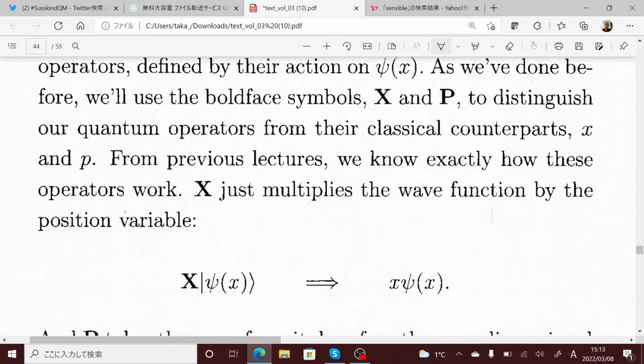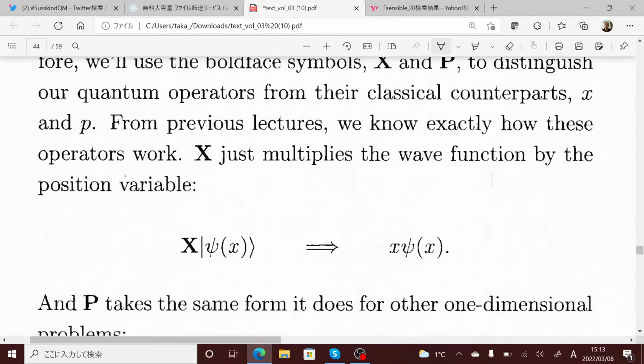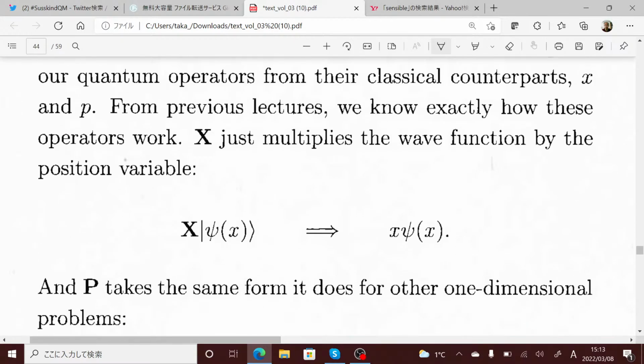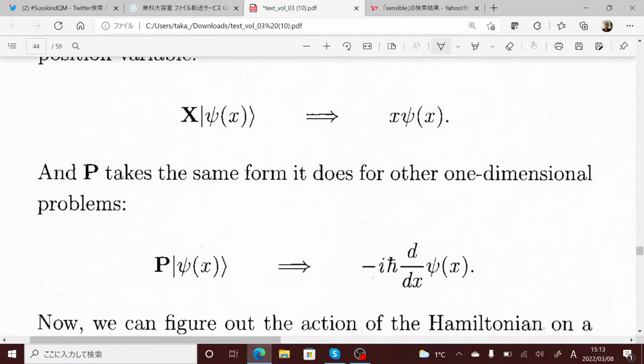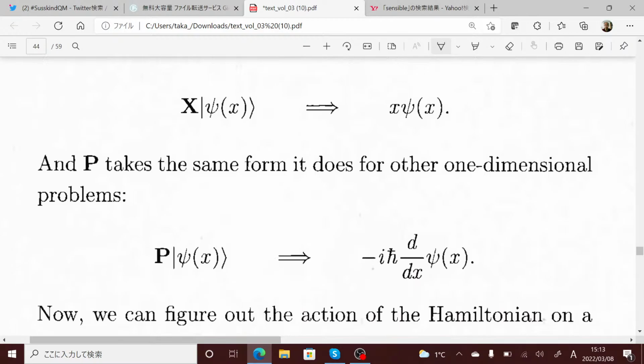From previous lectures, we know exactly how these operators work. x just multiplies the wave function by the position variable, and p takes the same form it does for other one-dimensional problems.